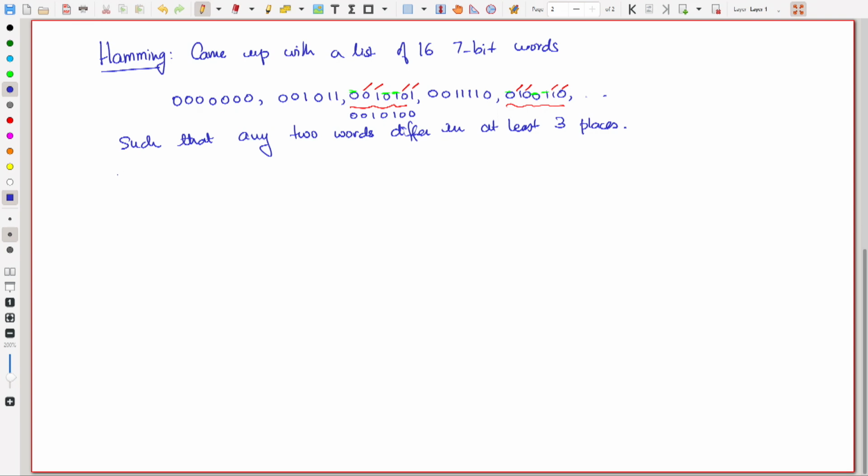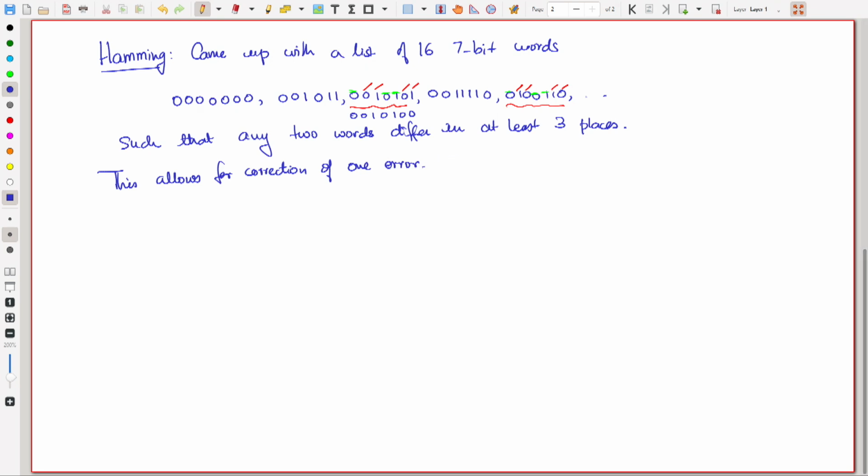So this allows for correction of one error per token, per block of data.